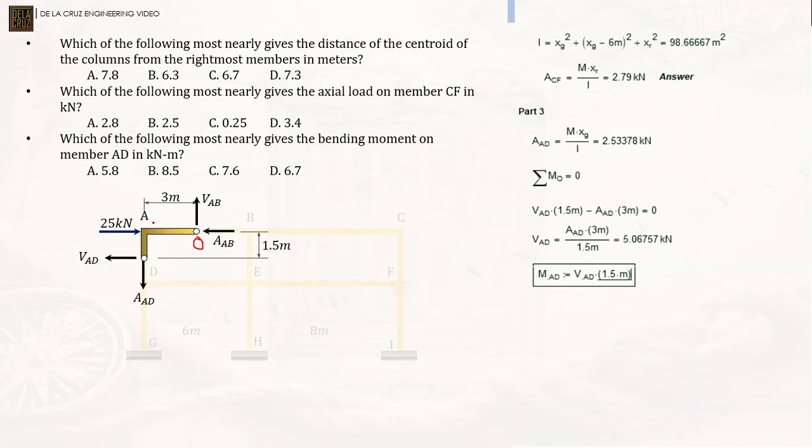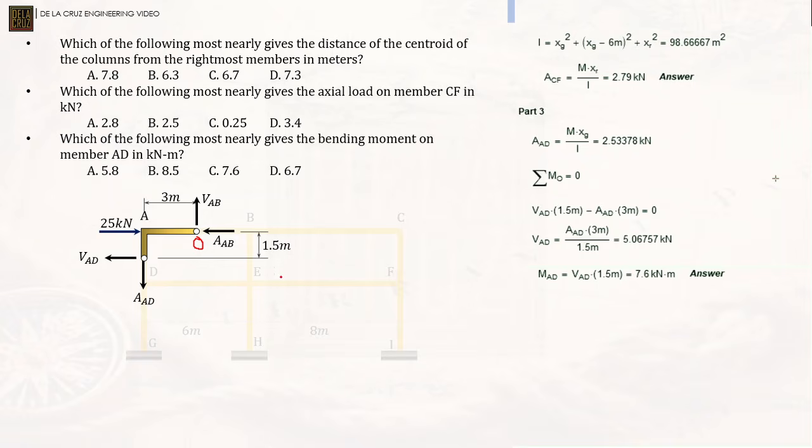So basically, ito yung moment natin about A. Klaro? That is in kilonewtons meter. 7.6, and that is in letter C. So gawin ko siyang 2 decimal na lang. Is the answer. Okay, that's it.